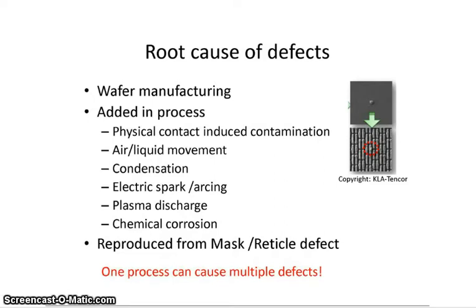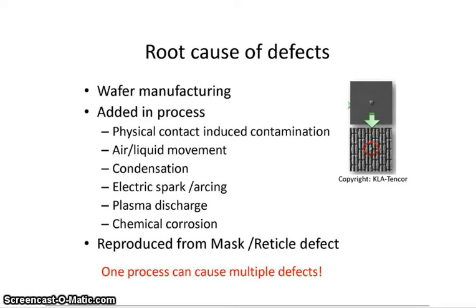So for the root cause of the defects, where they are from, some defects are from the wafer manufacturing. When we buy a wafer, it's supposed to be a clean wafer, but not exactly. It's never ideal, right? So some small particles on the bare silicon wafer can be a disaster.